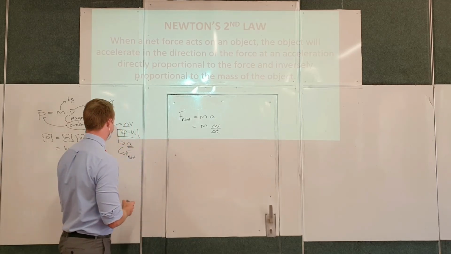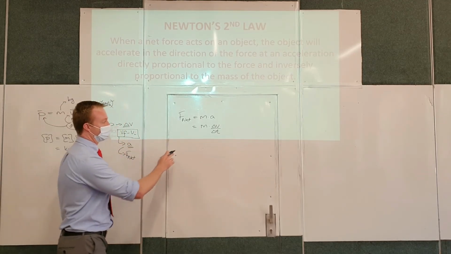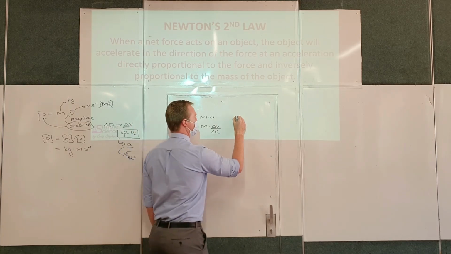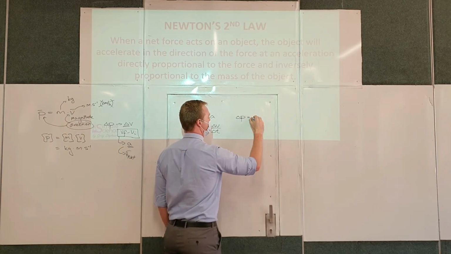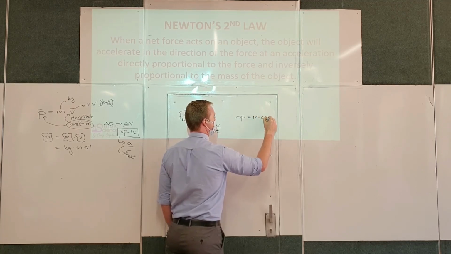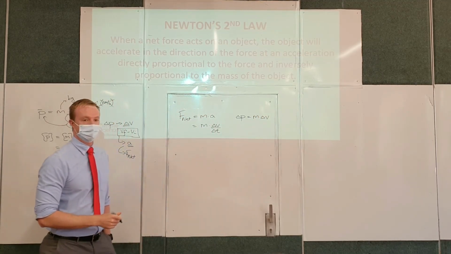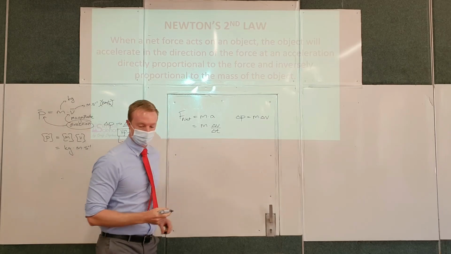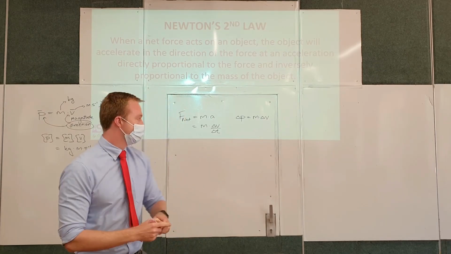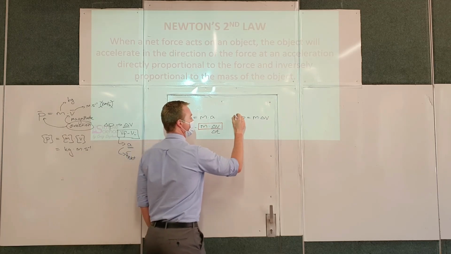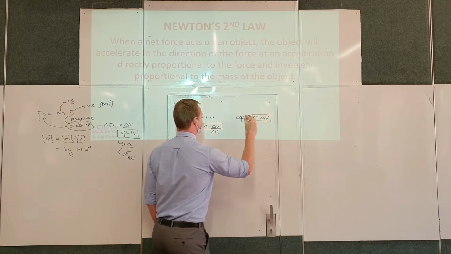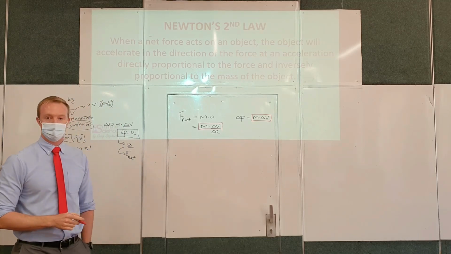Now, what you should hopefully start to see here is that this looks quite similar to our change in momentum. Our change in momentum is equal to m delta v. So what we can see is that Newton's second law is very closely linked to our change in momentum.